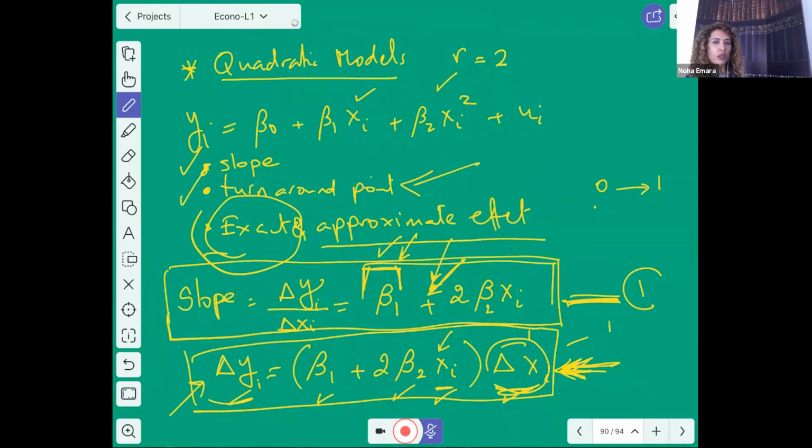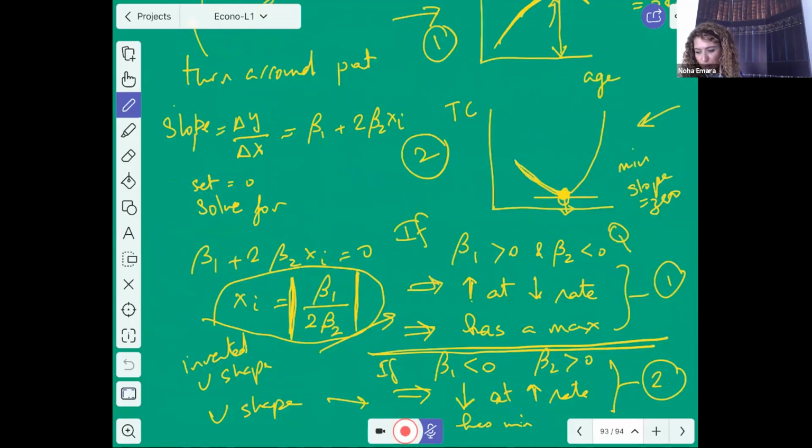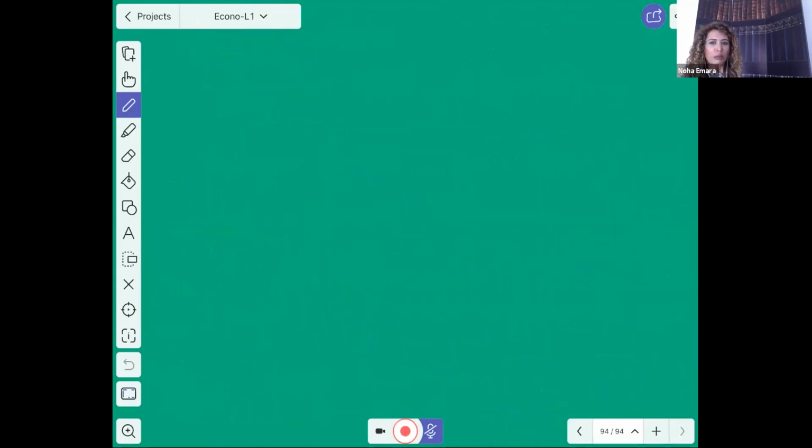But what is the point at which experience would have no effect on wage, and the point at which accumulating more experience would decrease my wage? Of course, it doesn't make sense. If someone has 10 years of experience and adds 11 years, I'm sure the wage will not decrease, but it might fail to keep on increasing. It might have a negative point, but it might be insignificant.